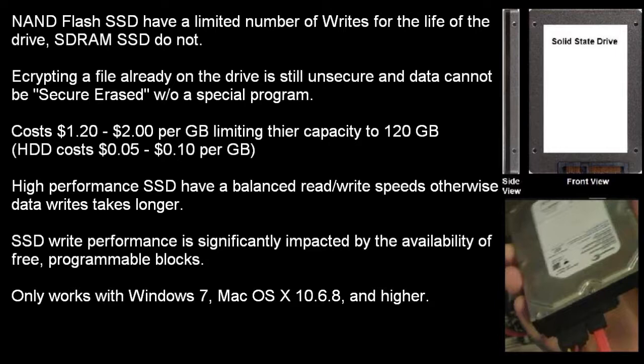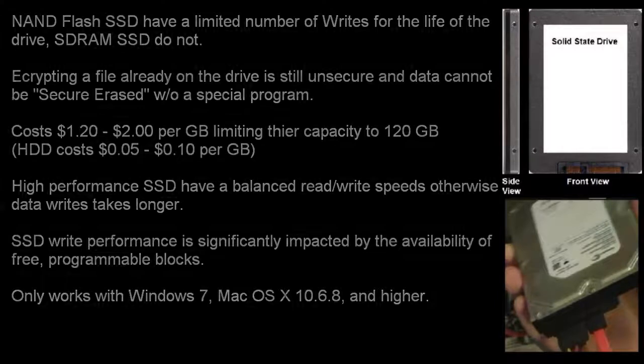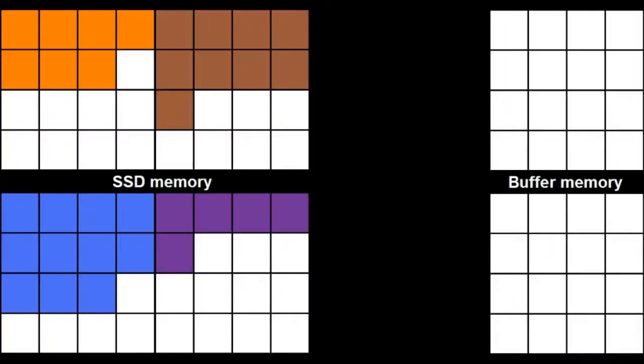Let's take a look at the blocks here. If you look to the left, you see all the data: the orange, the brown, the blue, the purple. These all represent data that's already on the drive. Now, you don't usually see this problem until the drive gets nearly full, and this is when you start seeing it.